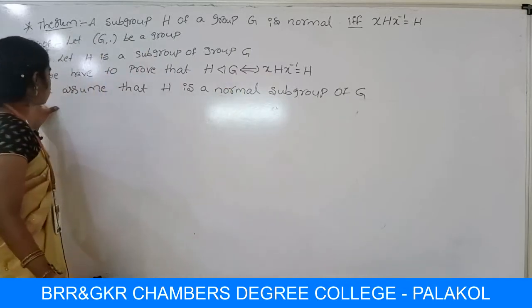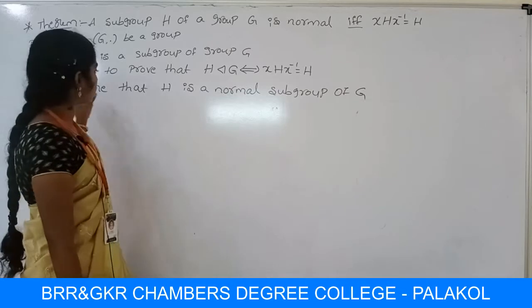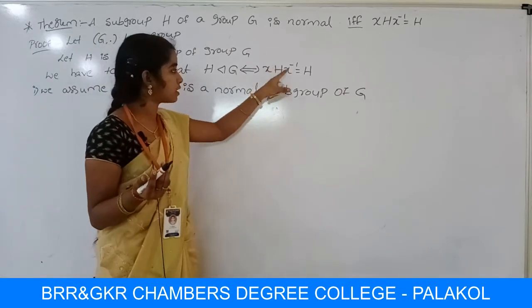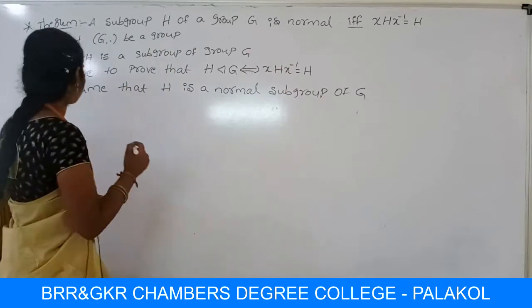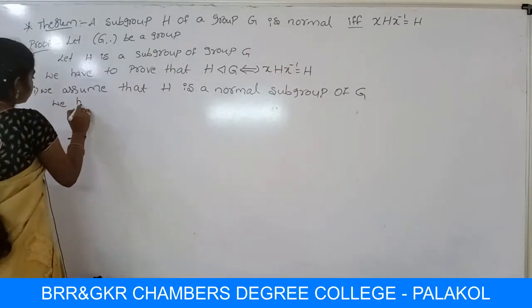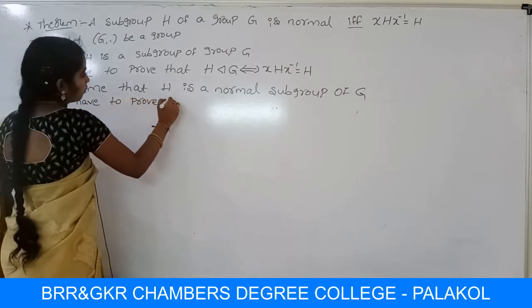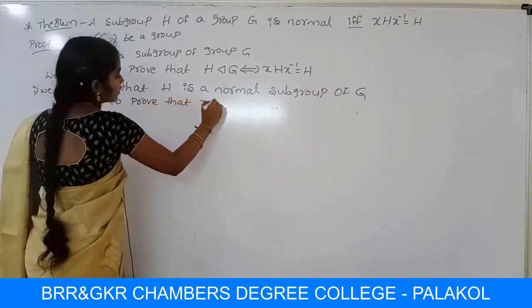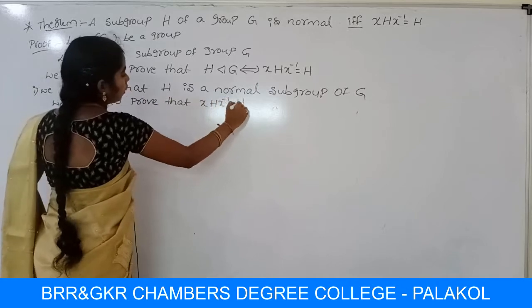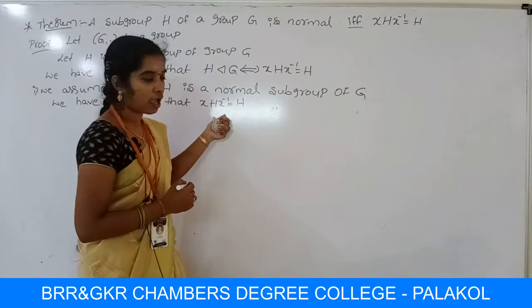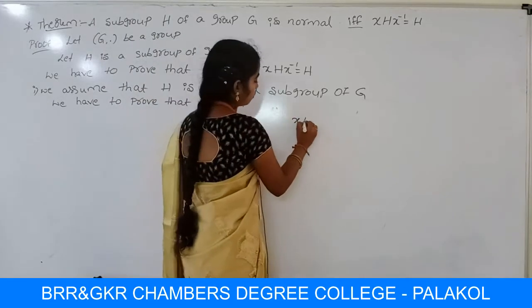First of all, we assume that H is a normal subgroup of Z, and we have to prove that X H X inverse equal to H. So we have to prove that X H X inverse equal to H.